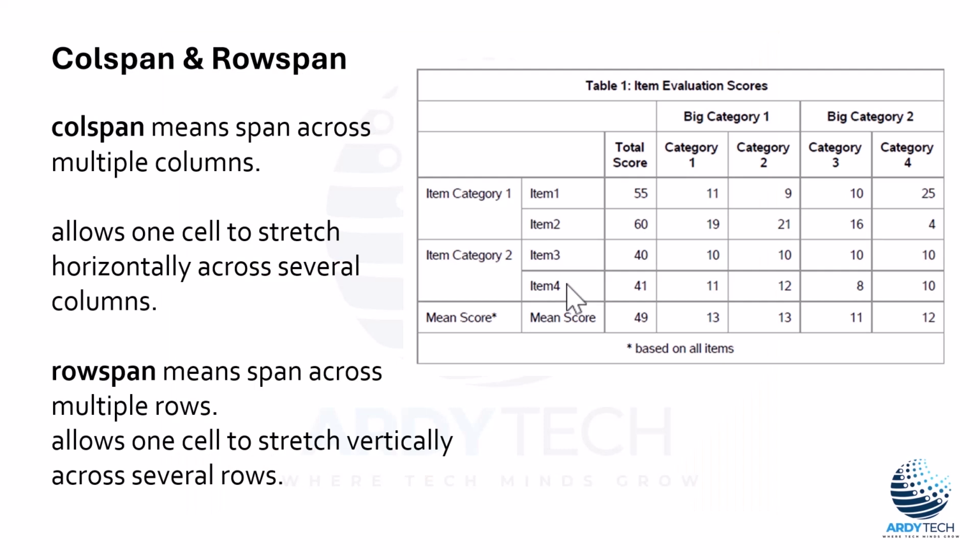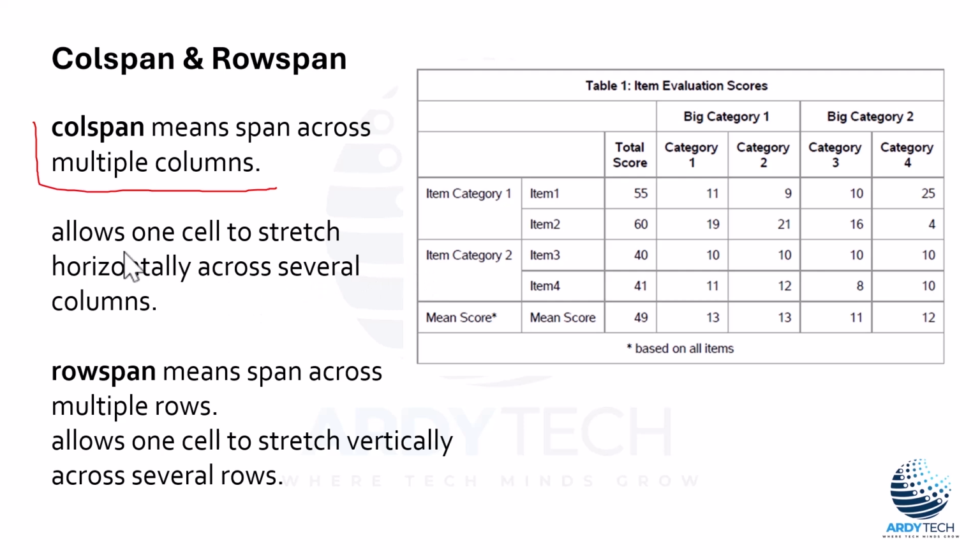Now, it is also important for you to understand the colspan and the rowspan. The colspan means span across multiple columns. It allows one cell to stretch horizontally across several columns. Now, let us look at the colspan.